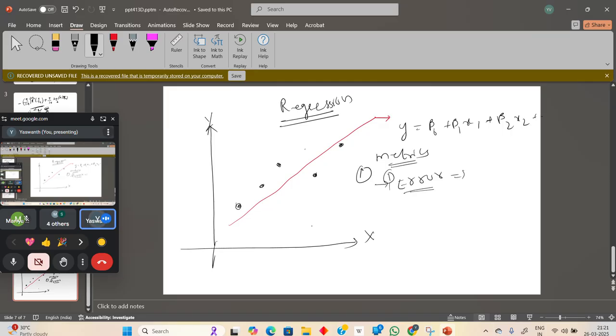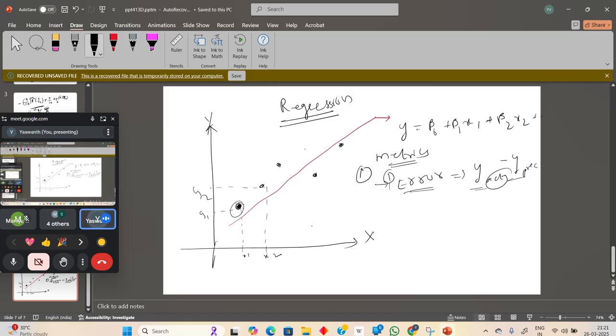What is this error? Simply, y actual minus y predicted. What is meant by y actual? The point which you have plotted according to the data set, right? This is my x1 and this is my y1. This is actual data, and this is my x2 and y2, correct?